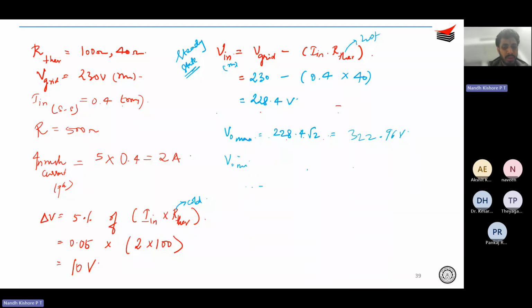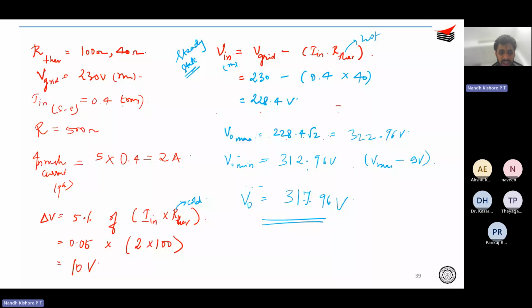And V naught minimum is V naught max minus delta V, that is 312.96 volts. So your V naught average will be the average of these two, around 317.96 volts.